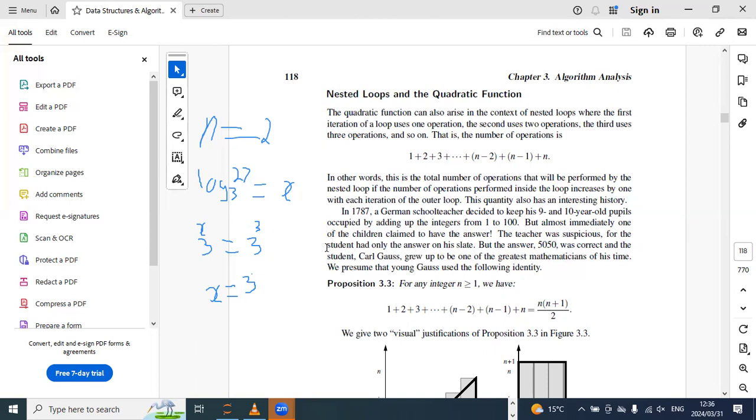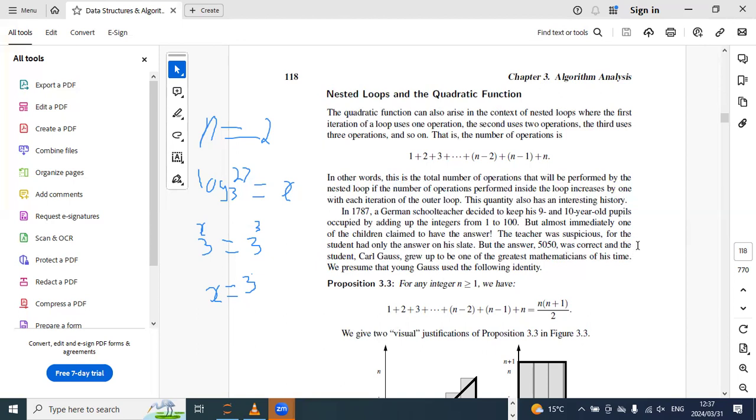In 1787, a German school teacher decided to keep his 9 and 10-year-old pupils occupied by having them add up the integers from 1 to 100. But almost immediately, one of the children had the answer.